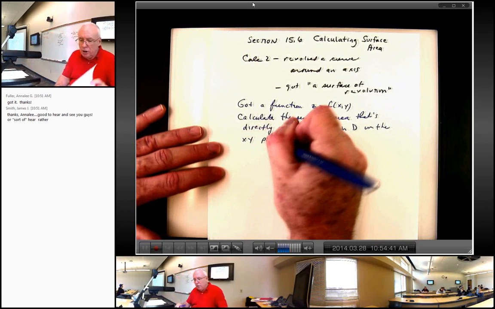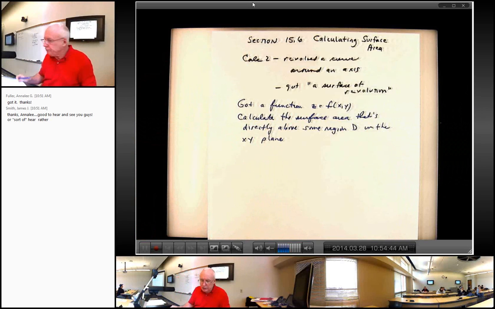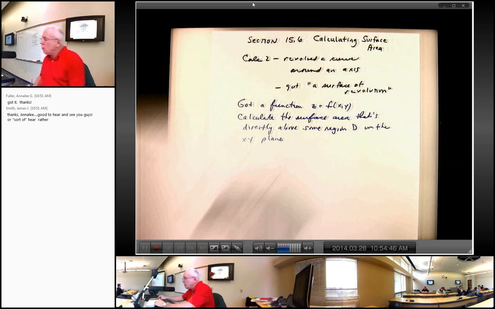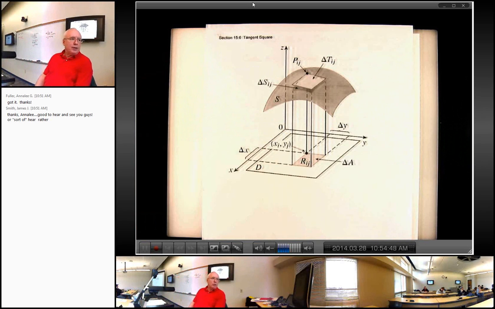So here's what we're talking about with this. That gray area there, that is our function of x and y, and it's, as I said, kind of hanging there in midair.